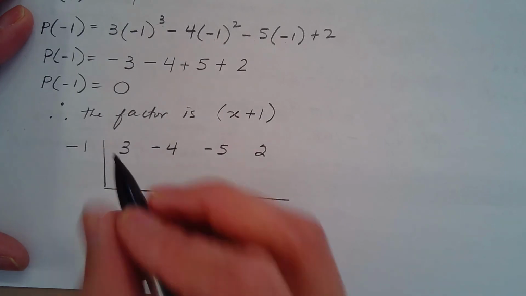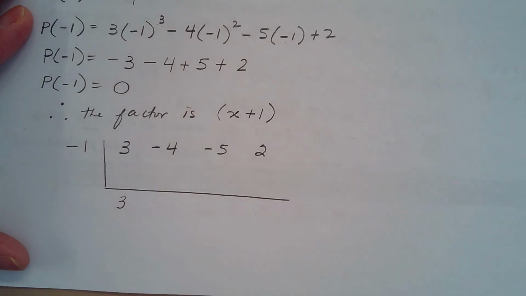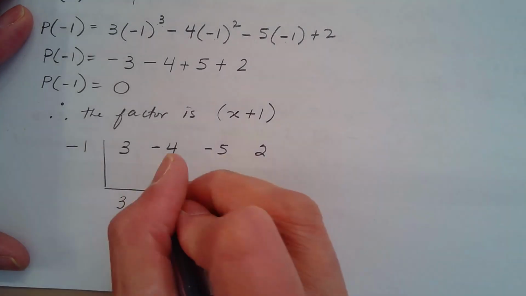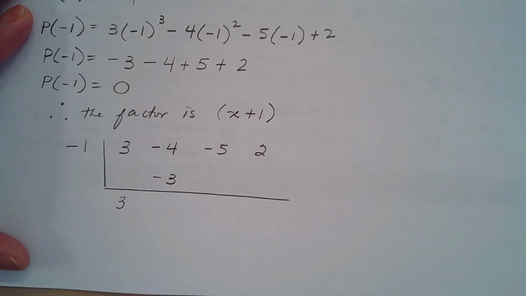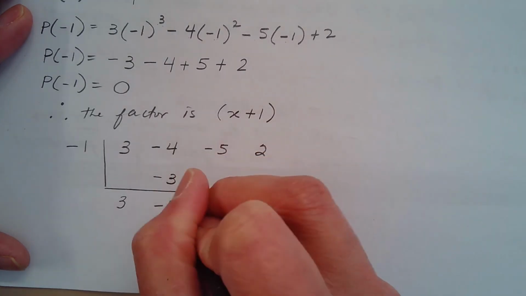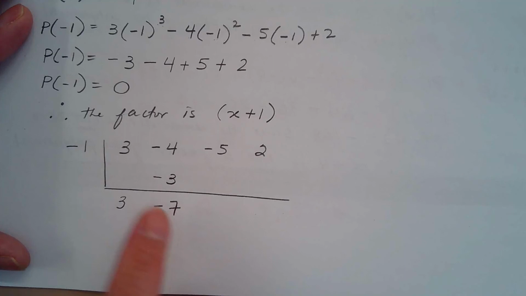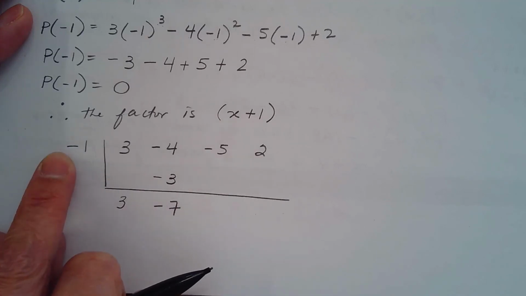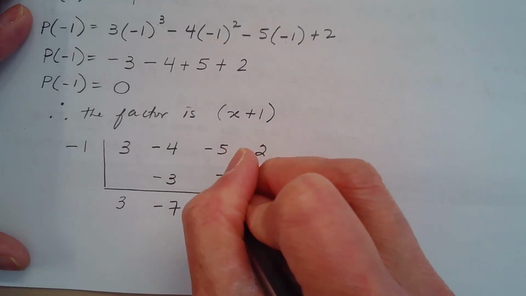3 comes down. Bring down the 3. 3 times negative 1 is minus 3. Then we add to get minus 7. Negative 7 times negative 1 is positive 7.